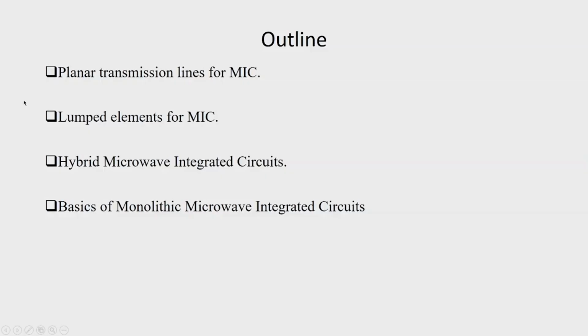Here in monolithic microwave integrated circuit, the same substrate is used where all the components are fabricated. For example, gallium arsenide is a popular substrate for realizing this type of MMIC. So, in this module, we are going to discuss some of the basics of this microwave integrated circuit technology, and we start our discussion with the planar form of transmission lines.